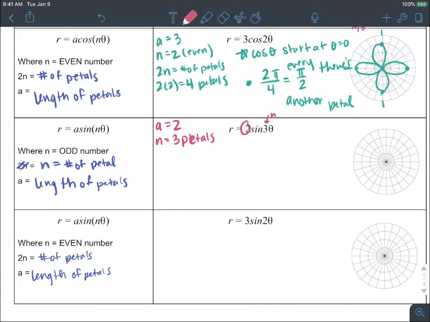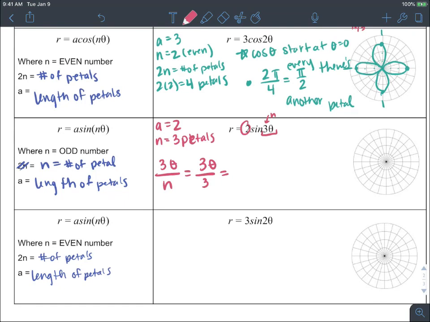What I do for sine graphs is I'm going to take my 3 theta, or my n theta. Oh, sorry, I forgot something.